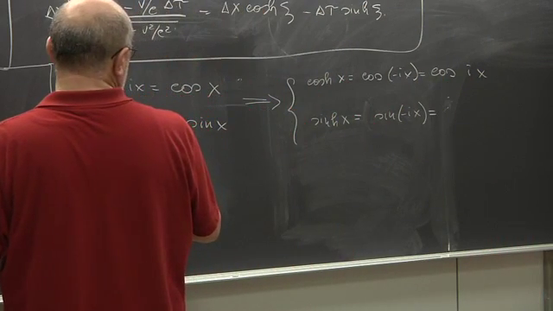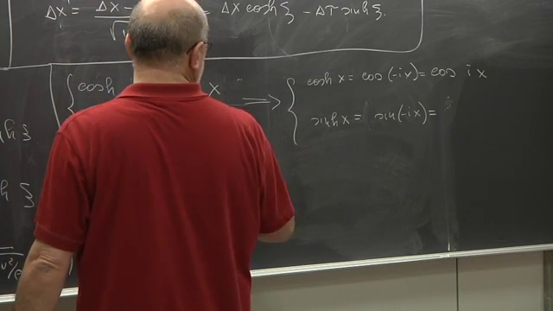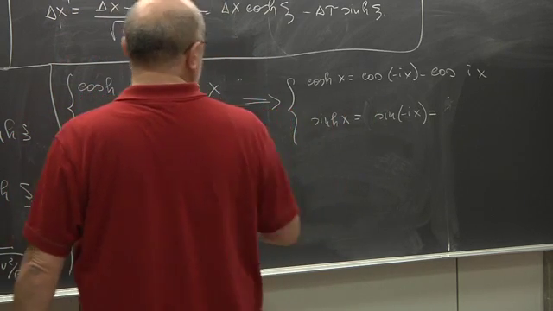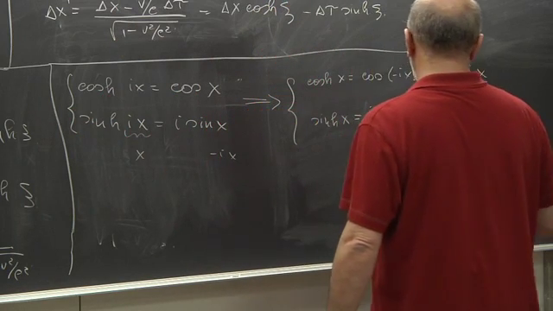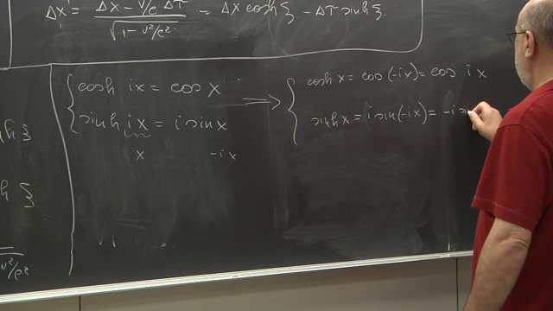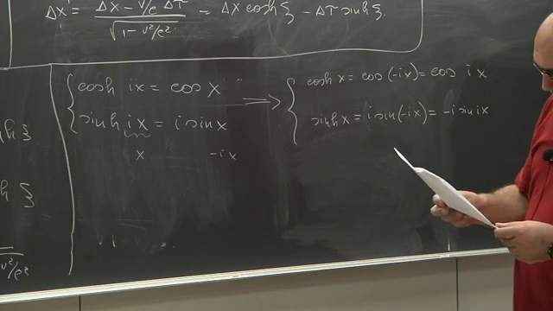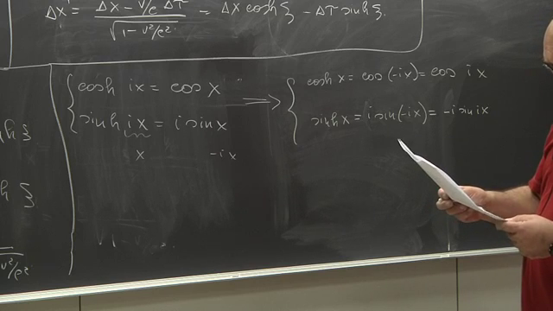If I call this x, then this object is minus ix, and I am right, but there is an i. So this is minus i sine ix. Then what I had in mind does not come out right.